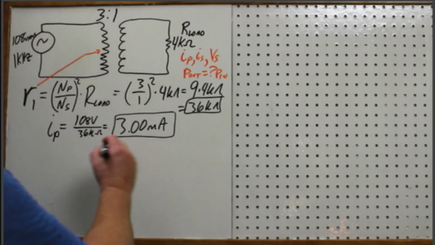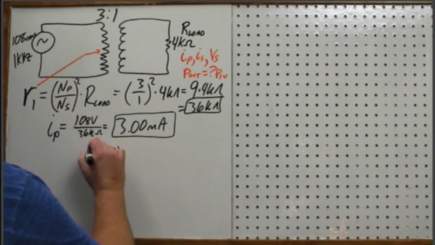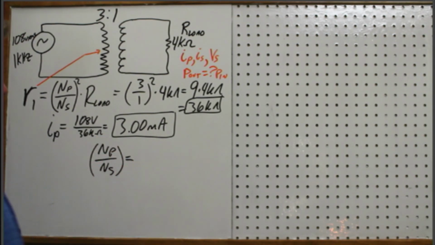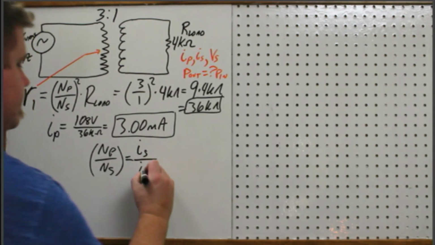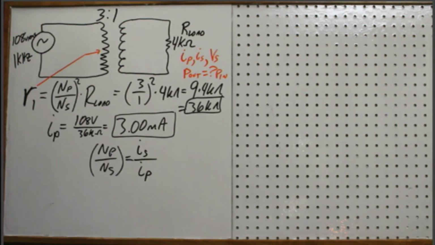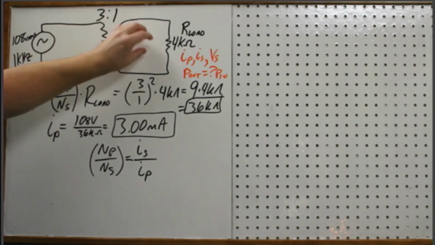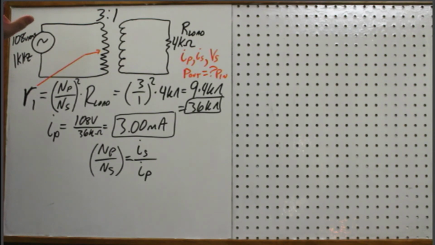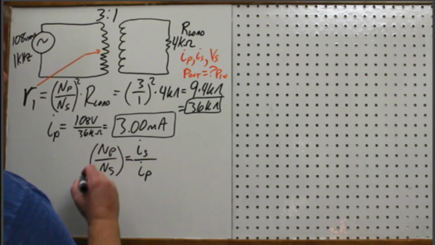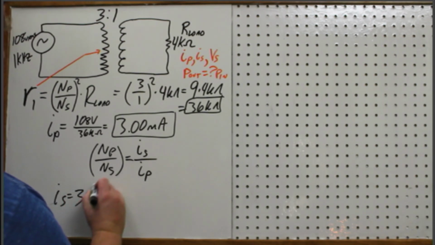Okay. Now we know from the turns ratio that it's 3 to 1. And so when we have the turns ratio on one side of the equation, if you're talking about current, it flips. Okay. So if this is 3 to 1, this is stepping the voltage down, which means it should be increasing the current. So as far as I secondary goes, it's going to be 3 times this current.